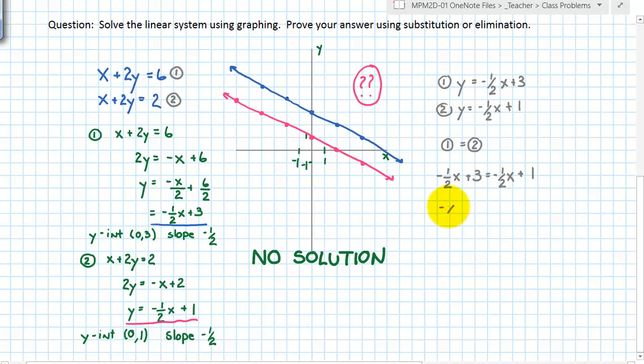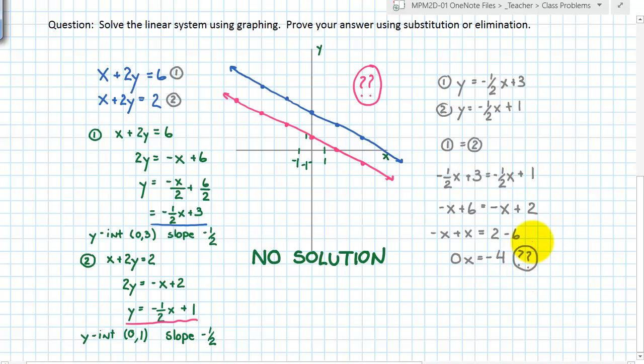So I get negative x plus 6 equals negative x plus 2. So we just cleared our fractions here. And now we do a little rearranging. So we get negative x plus x is equal to 2 minus 6. So I get 0x equals negative 4.